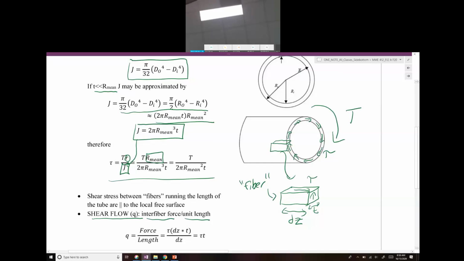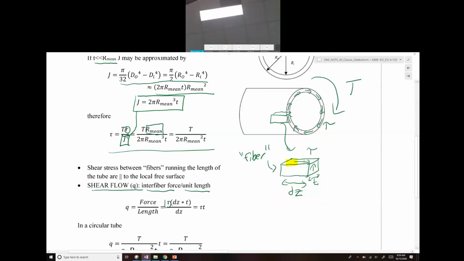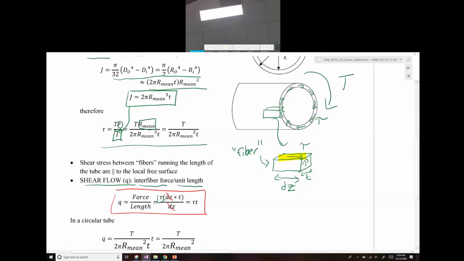So to relate that to our applied shear stress tau, we can say that if we multiply tau, which is a force per unit area, by the top area of our fiber, which would be equal to dz times t, and then divide by the length of our fiber, dz, our dz terms will cancel out, and we can define the shear flow as being equal to the shear stress times the thickness.